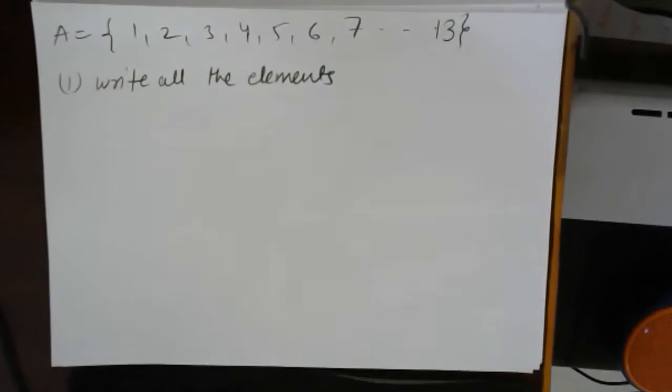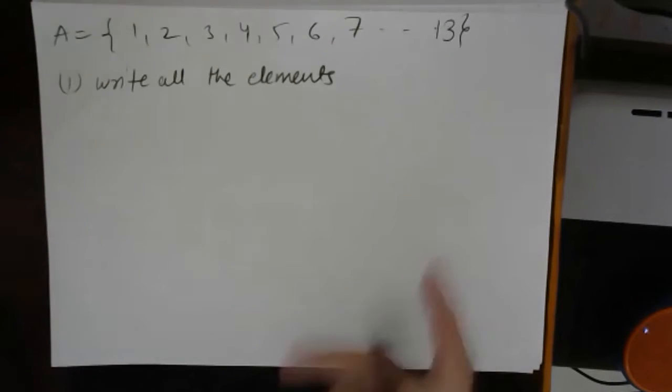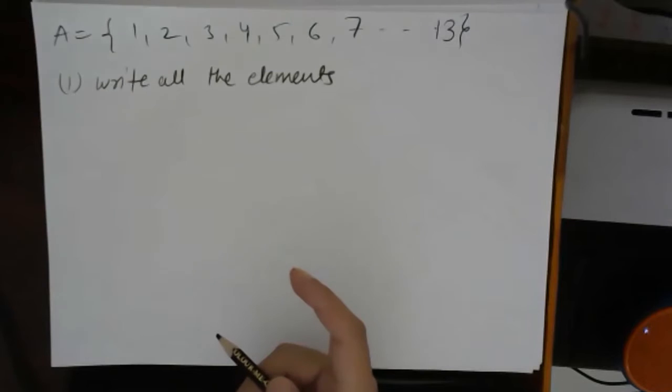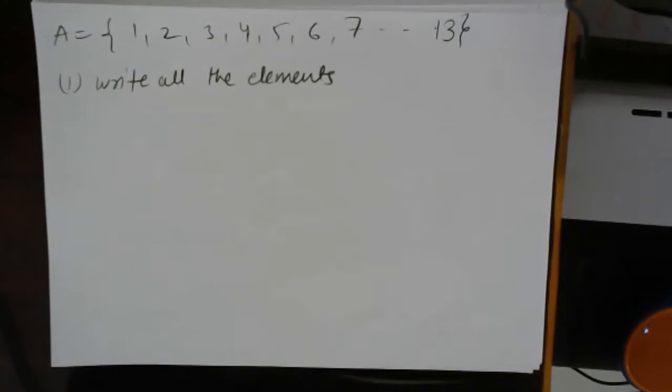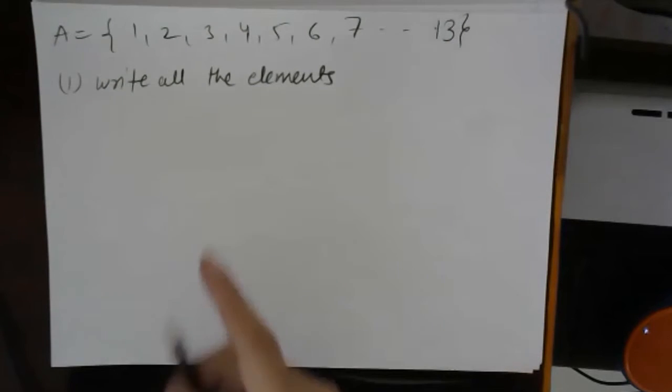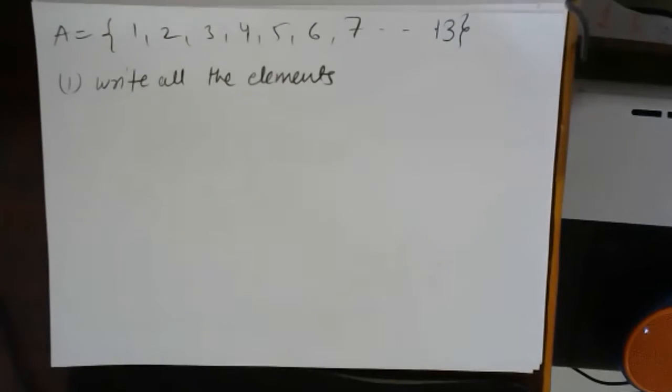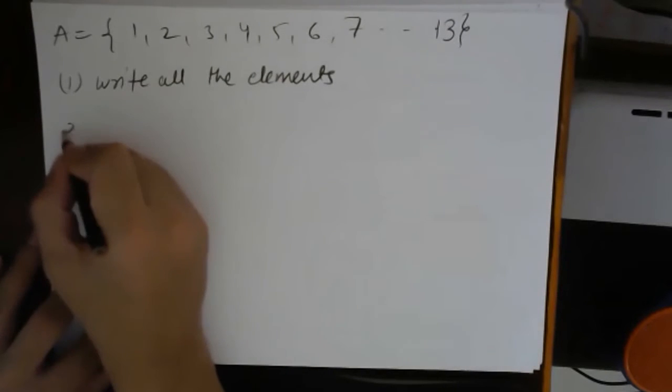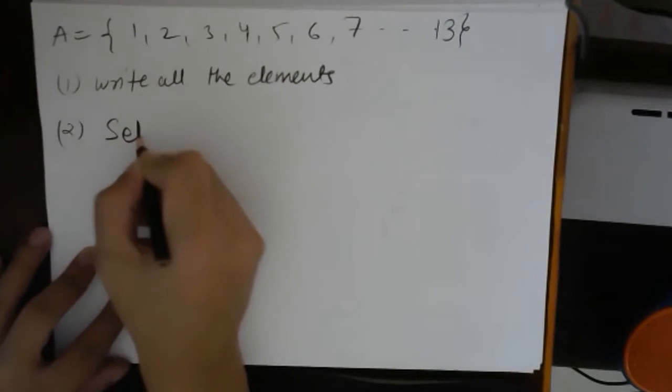So what you can do is rename a set. You can rewrite and give this a roll number kind of notation, which is known as a set builder form.